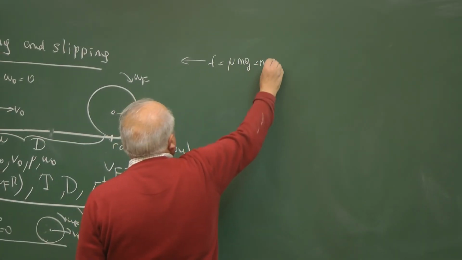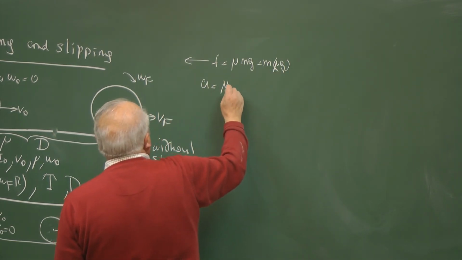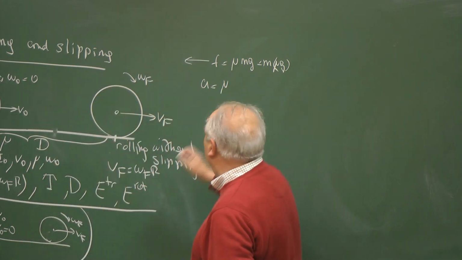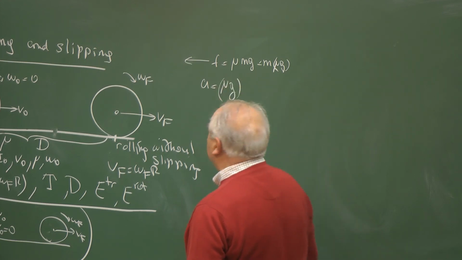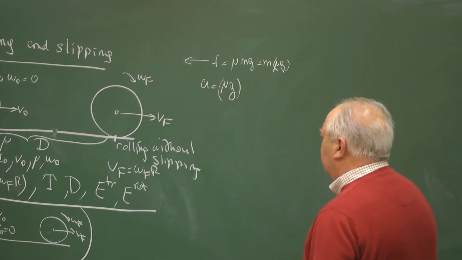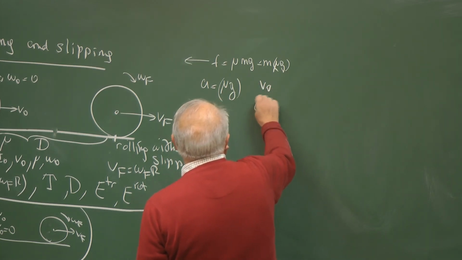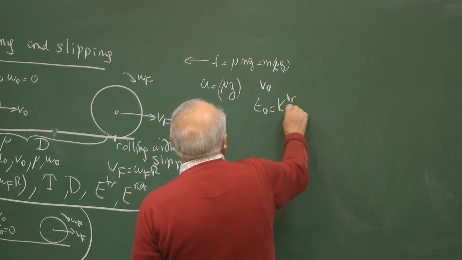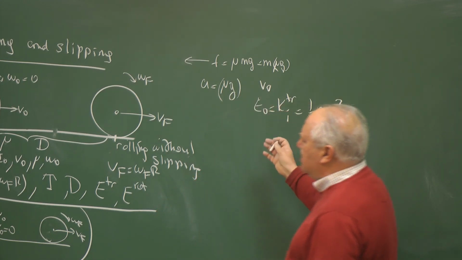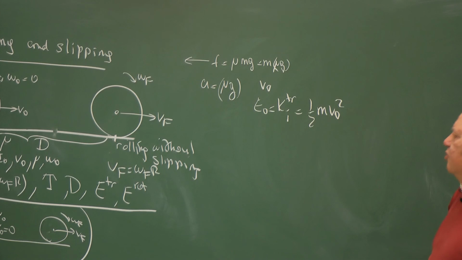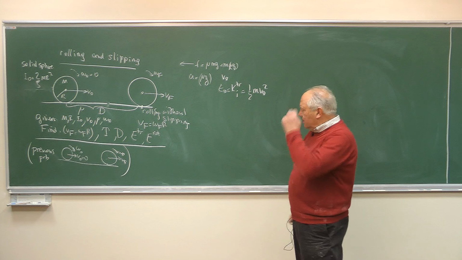So the acceleration is characterized not by g because it's not falling, but it is really mu g that is the acceleration. And we have a given velocity v0 and energy E0, which is the translational kinetic energy initial, that's 1/2 mv0 squared. So this sets the energy scale, all the energies, the work done by the friction, how much energy is eaten, etc. We will compare it with E0.